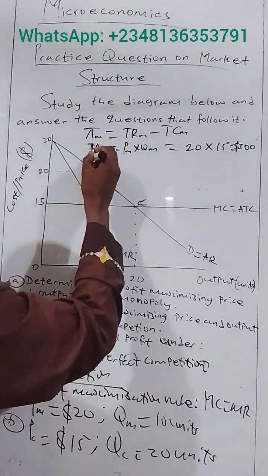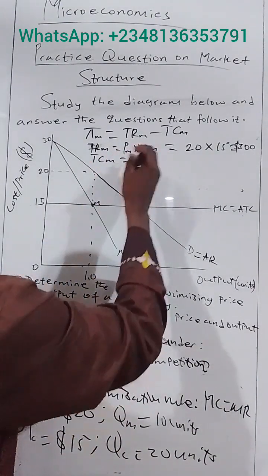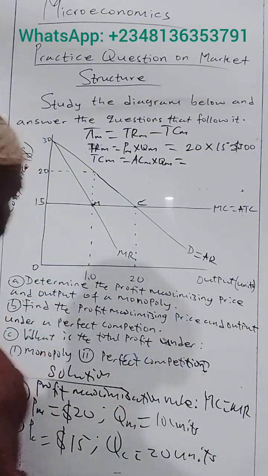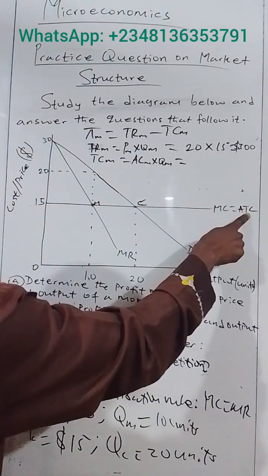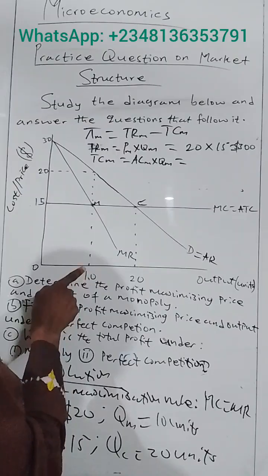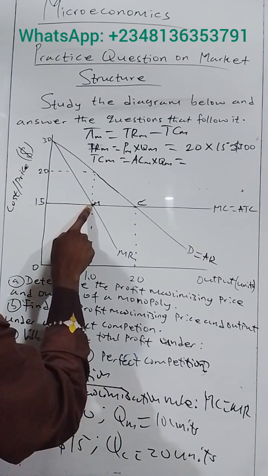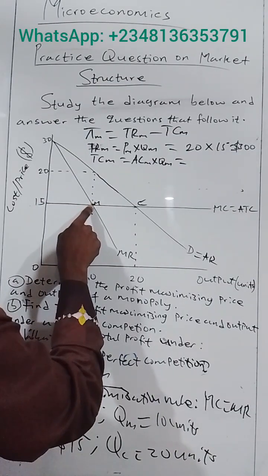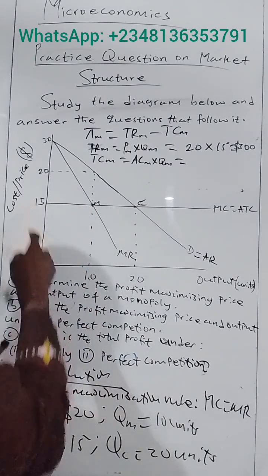Now you see, what of the total cost of monopoly? Total cost is simply AC, that is the average cost of monopoly, multiplied by the output of monopoly. So how do you get the average cost of monopoly? Mind you, the average cost is the same thing as ATC and is represented by this horizontal line. Okay, and look at this equilibrium. If you trace it, you will see that average total cost is exactly at this point. If I trace to this side, I will get the value for average cost.